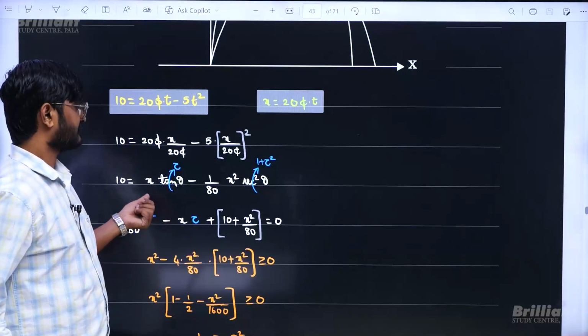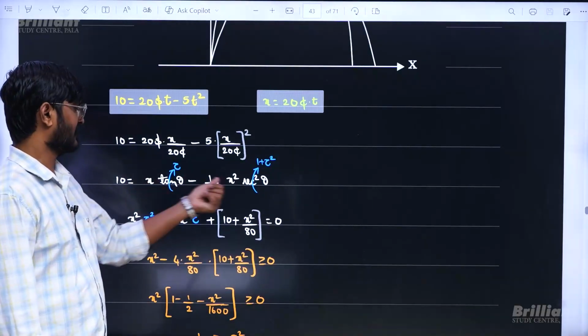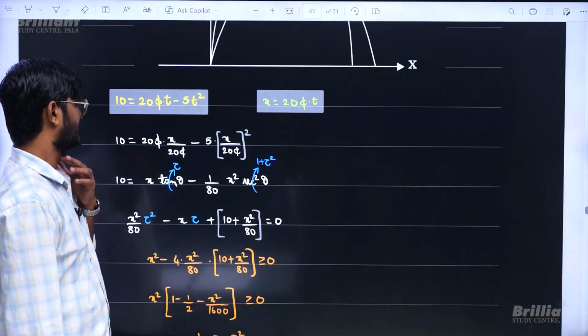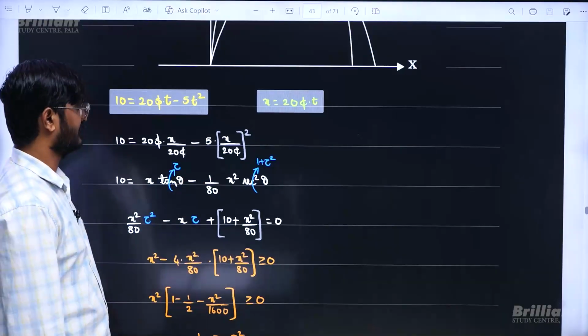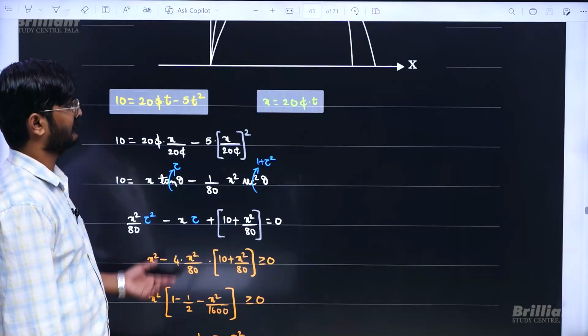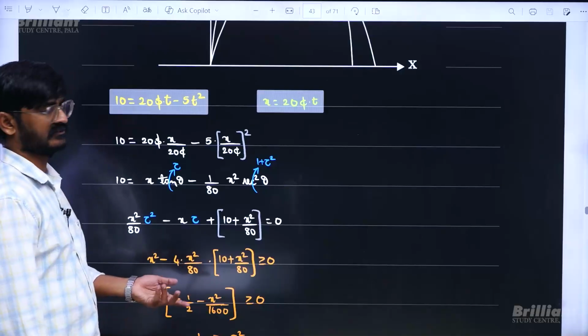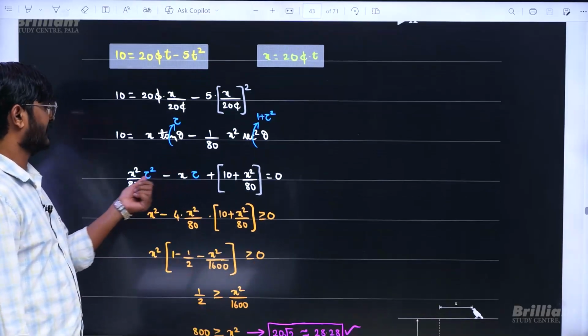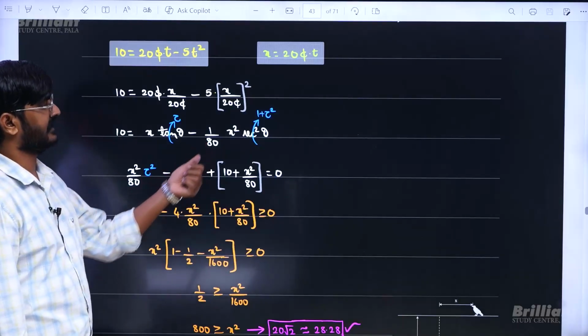Now you can find it is quadratic in x. So you can find x as a function of theta, and you can see what is the maximum value of x. That is one way of doing it. Or there is another way of doing it. You can see it as quadratic in tan theta.